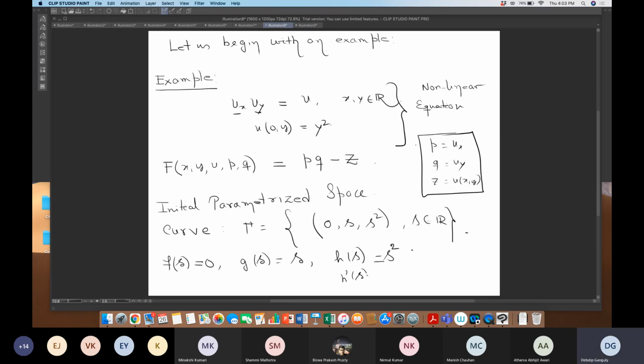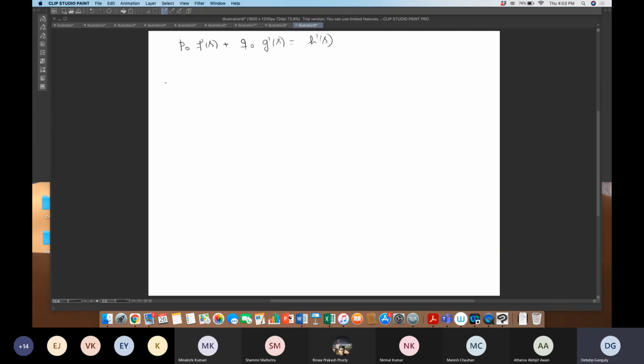It is 2s. g prime of s is 1 and f prime of s is 0. You substitute here. So this implies P naught into 0 plus Q naught into 1 equals 2s, and this implies Q naught equals 2s. Yes or no? Is it clear or not?